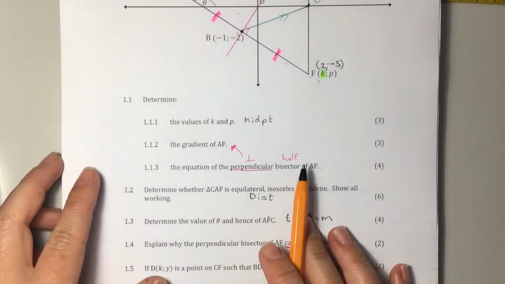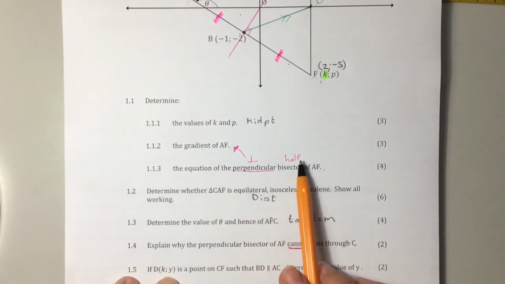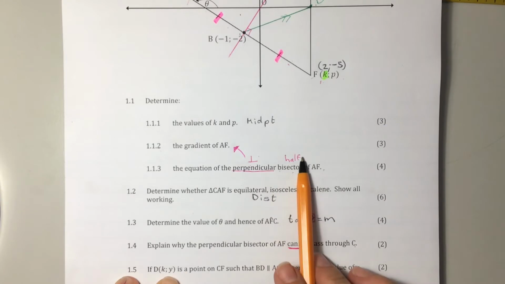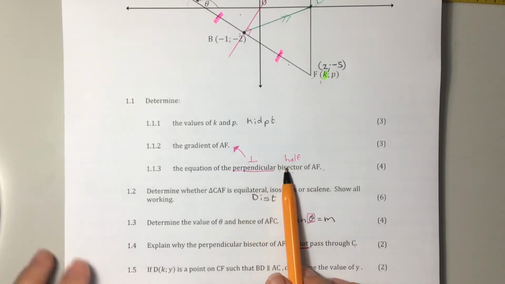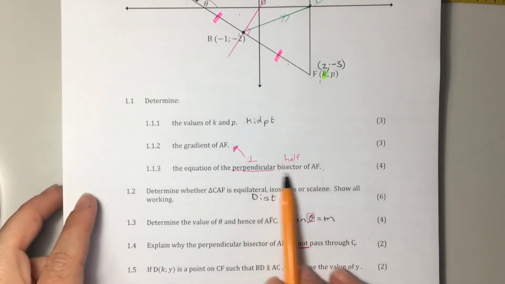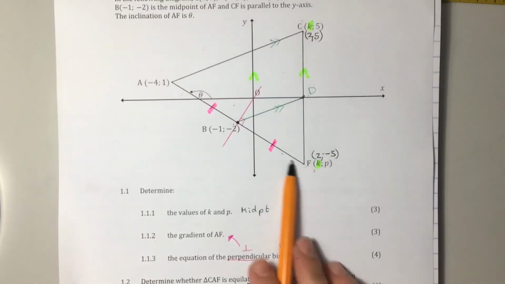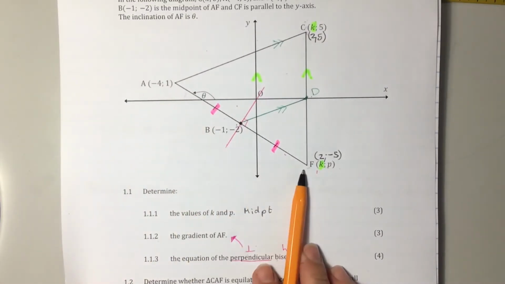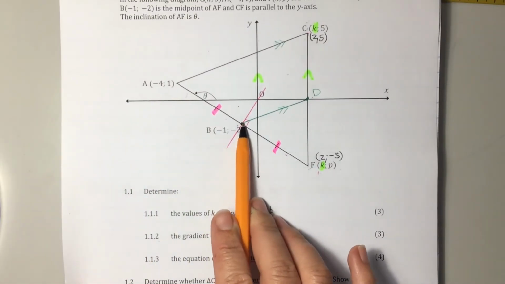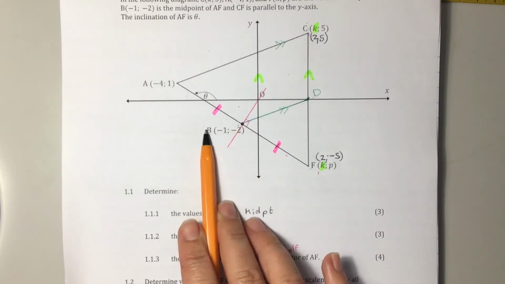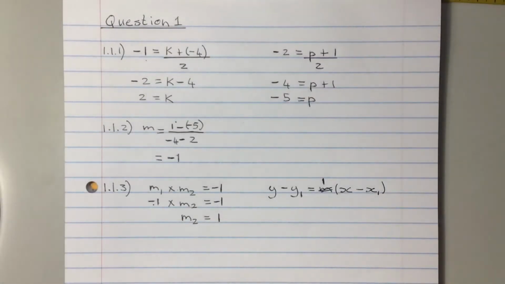Then we need a point. Now, the other part of the name of this line, perpendicular bisector, is bisector, which means it cuts in half. And so if we go here to line AF, point B cuts that line in half. And so we've got our point that we can substitute in.